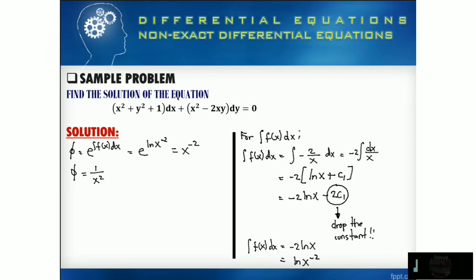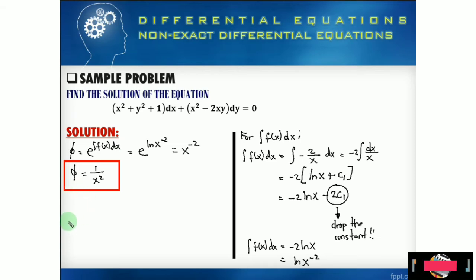Okay, so after this, we are going to use this integrating factor in solving the given non-exact differential equation. Okay, so what we are going to do now is we are going to multiply the given equation, which is yet non-exact.